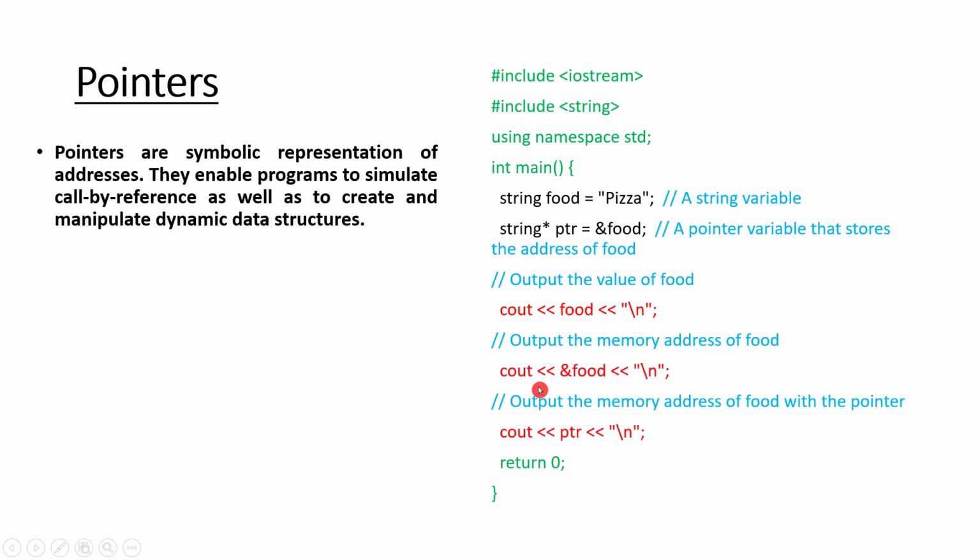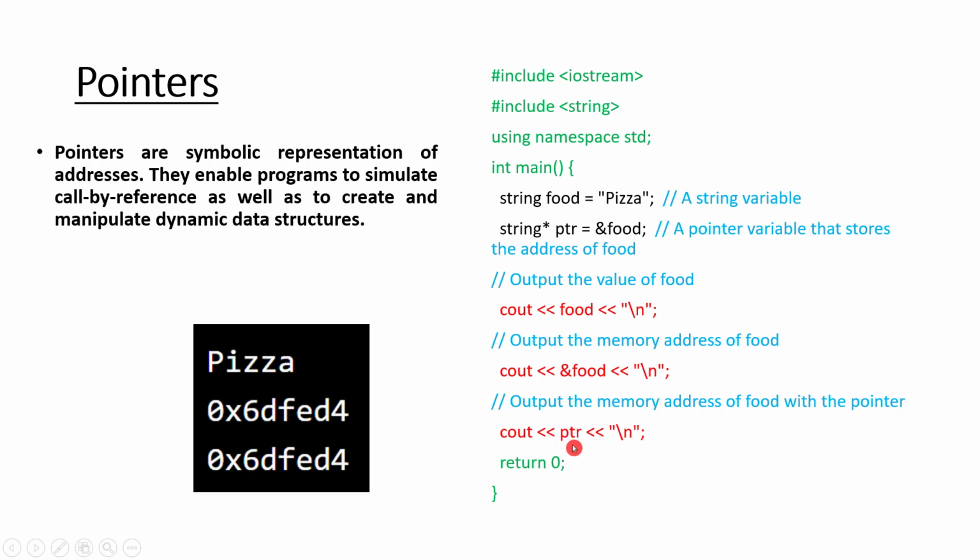Then you can see cout, &food, output the memory address. Then you can see output the memory address of the food with the pointer, cout ptr. So you are seeing food, the & symbol, food and the ptr. When you're typing like this, the food directly, you know, is pizza, and this string* ptr equal to &food.